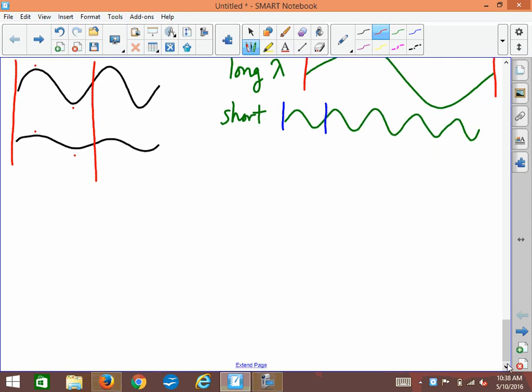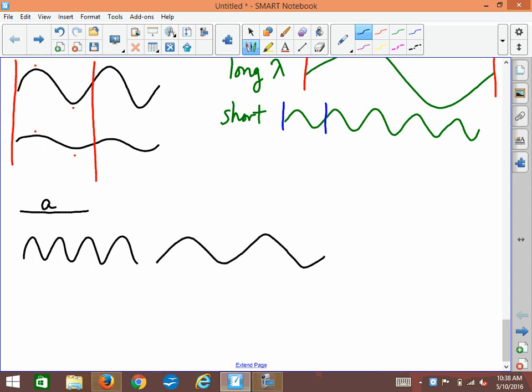However, now I'll draw 2 lines that have exactly the same amplitude but different wavelengths. So here is one, and here is the other. And I'm going to draw it side by side so you can see it. There we go.